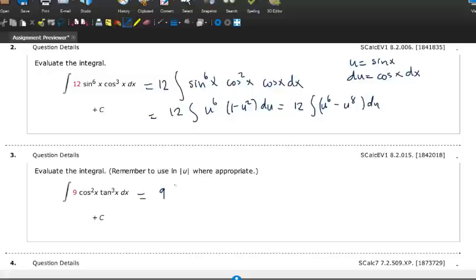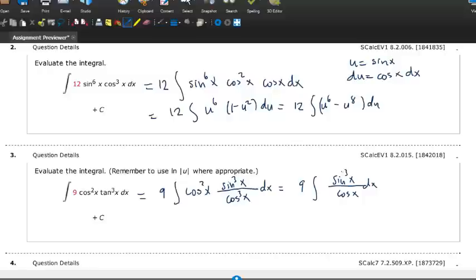So this is 9 times integral. I have cosine square x term, and I will write tangent cube as sine cube of x divided by cosine cube of x dx, right? And I can cancel cosine square out. That will give me sine cube x over cosine x dx.